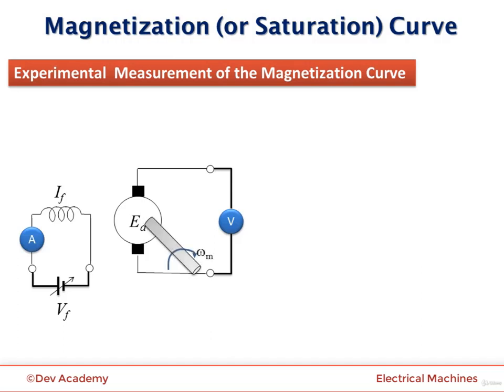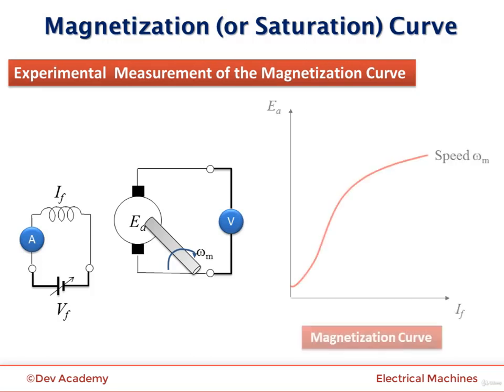We should drive the machine with a prime mover at the desired speed so that the machine operates as a non-loaded generator. While varying the field current, we take the readings of the ammeter and voltmeter and plot the magnetization curve. So this is how we can obtain the magnetization curve of any DC machine at a given speed experimentally.